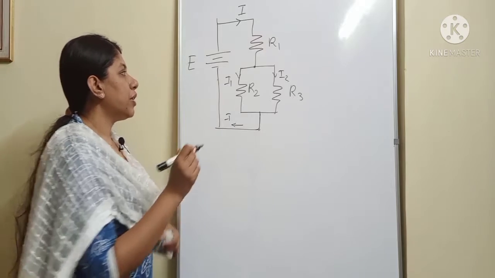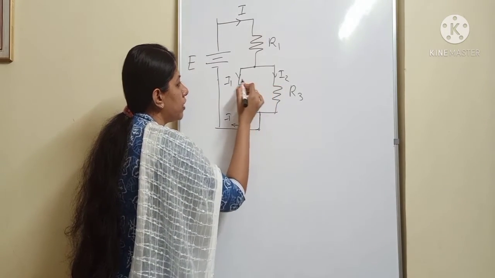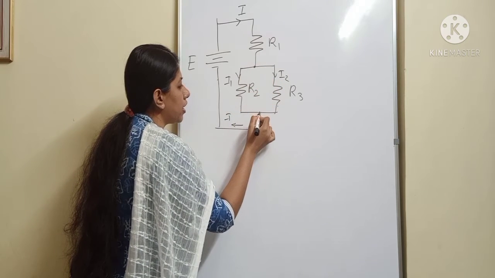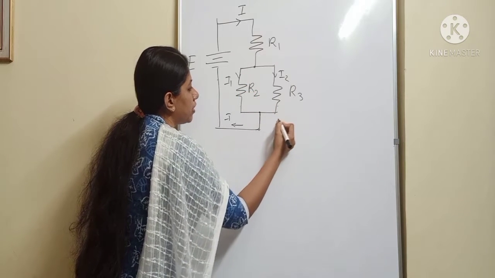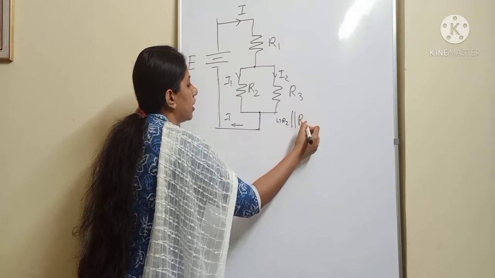Now if you consider both ends of these resistors, these 2 ends are connected to this common point and these 2 ends are connected to this common point, which means R2 and R3 are in parallel. R2 is parallel to R3.